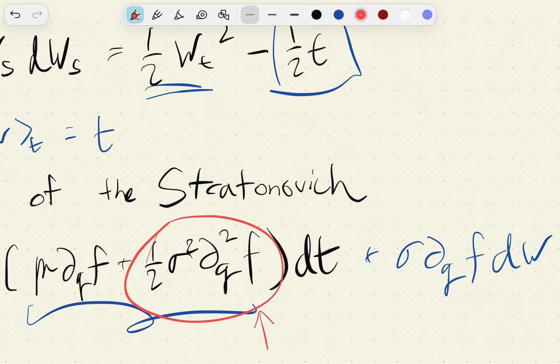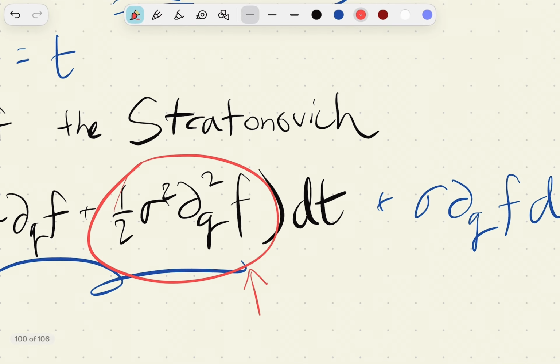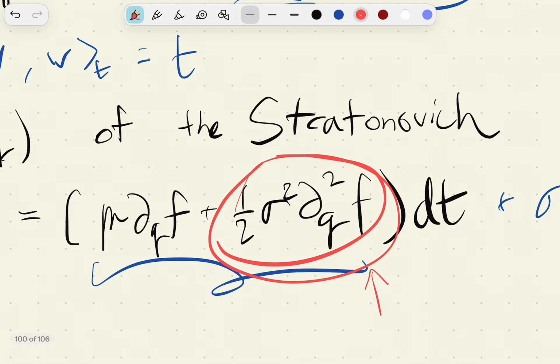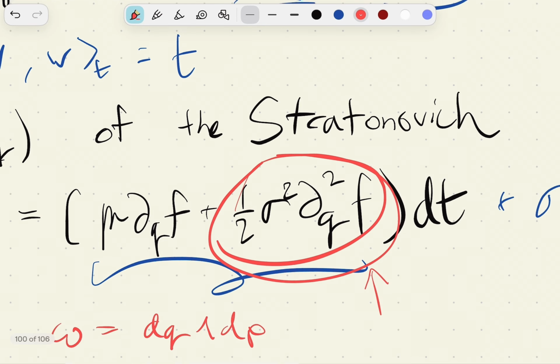So let's insert this extra fictitious drift term into some phase space 2 form. So let's say omega equals dq wedge dp. All right.